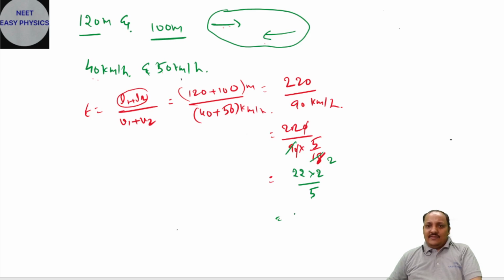So 4 5s are 20, into 2. Therefore, 8.8 seconds. This is the final answer. Correct. So like this you can solve the problems. If they ask the same question for the same direction, we do 50 minus 40. I think we got clarity now.